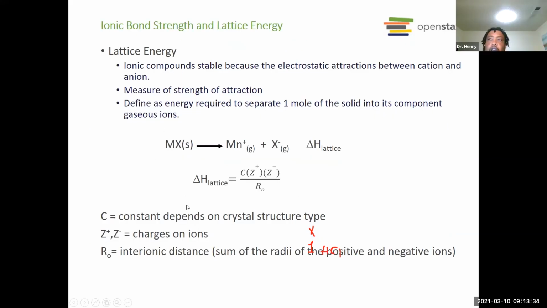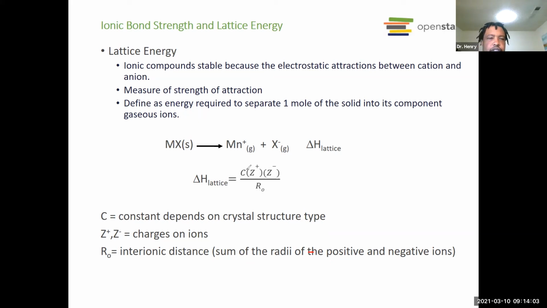The other thing I wanted to talk about is ionic bond strength. So when we're talking about ions, there's energy associated with that too, right? And so the way that you would do that calculation is you have what we call the constant.